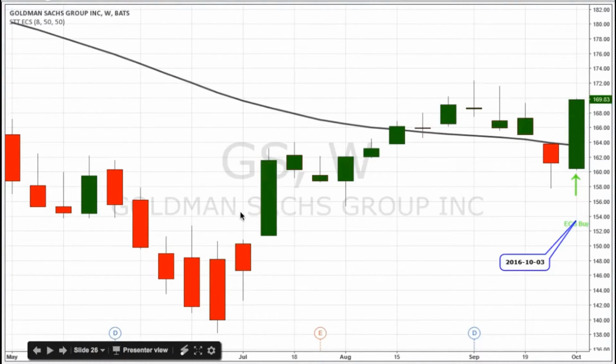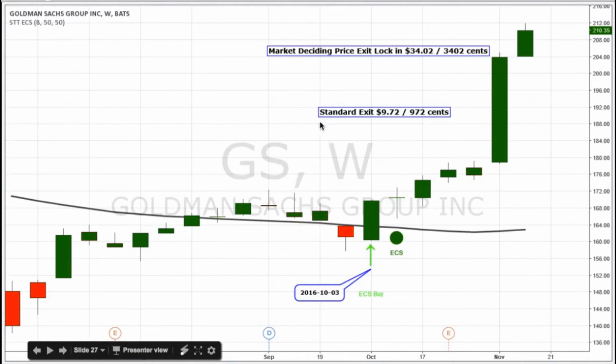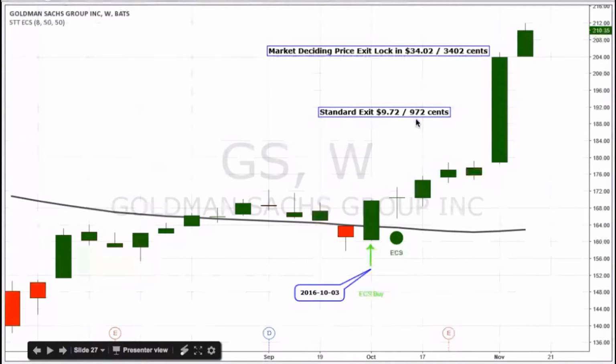This is a weekly chart of Goldman. Here is the setup candlestick, right? This engulfing candlestick generated a setup, and here's the buy sell line, and here's the result. For this, you had a standard exit of 972 cents move.